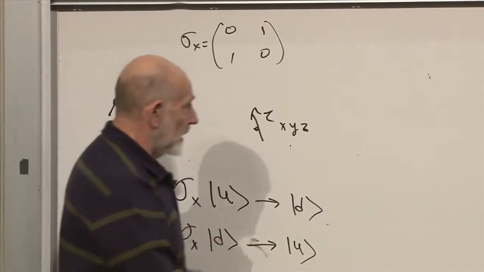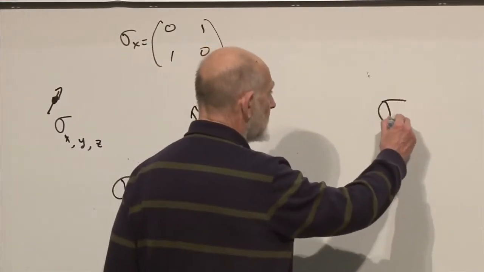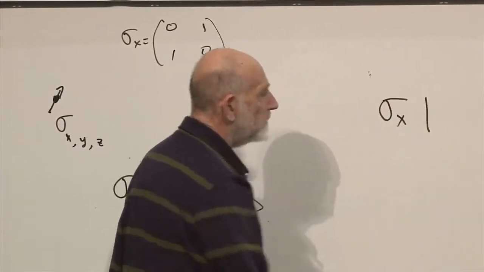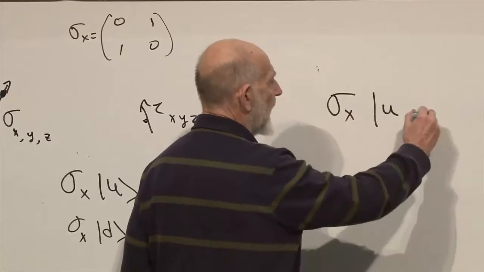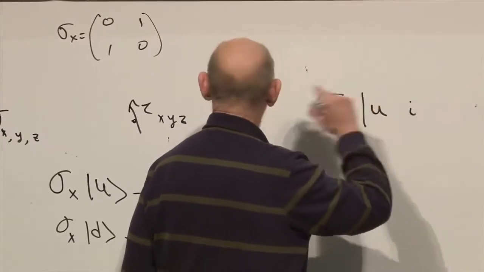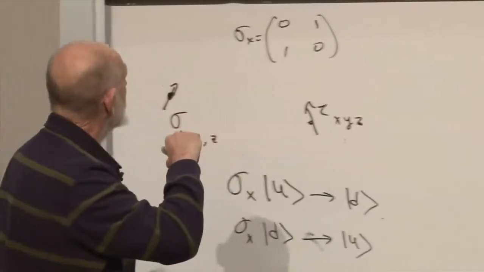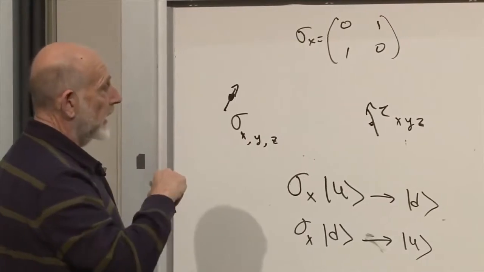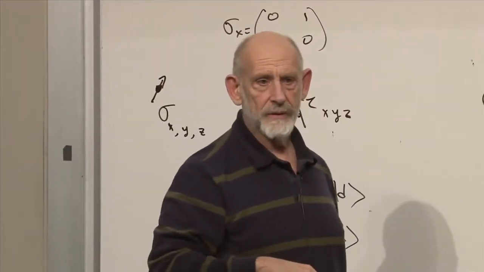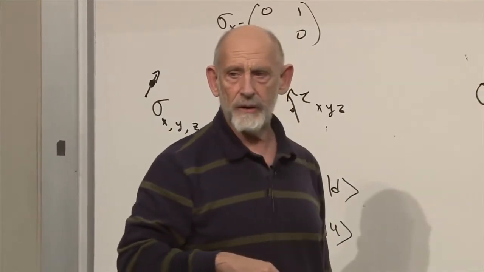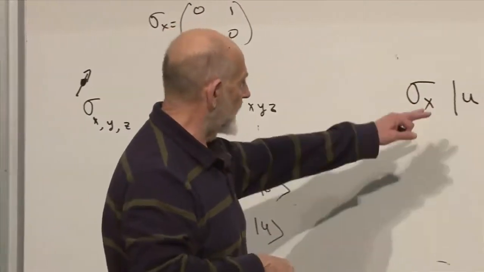Here's what it does on the combined system. Sigma x on any vector which begins with up and has anything, let's see, which one was A and which one was I? Second one was I? Tau went with I, okay.